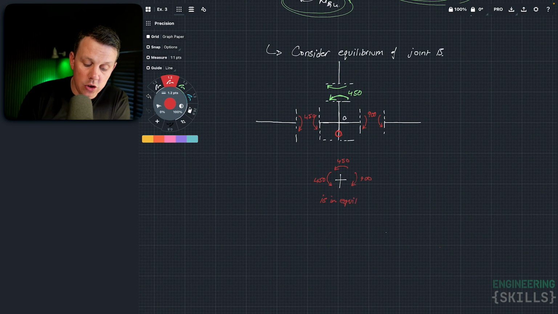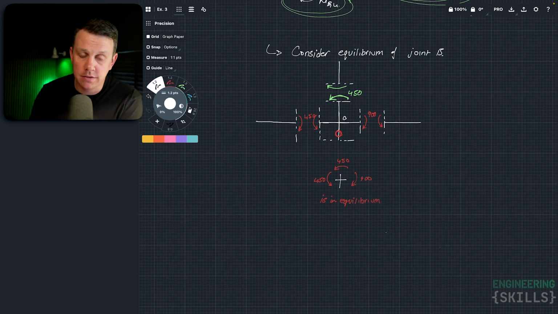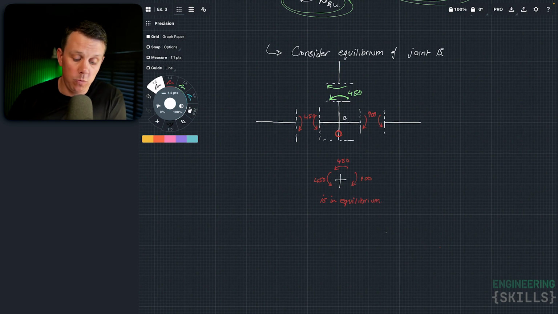And of course all joints have to be in equilibrium within the structure. Like any part of the structure or substructure taken from within that structure, they all have to be in equilibrium, and that has proven to be the case here as well.